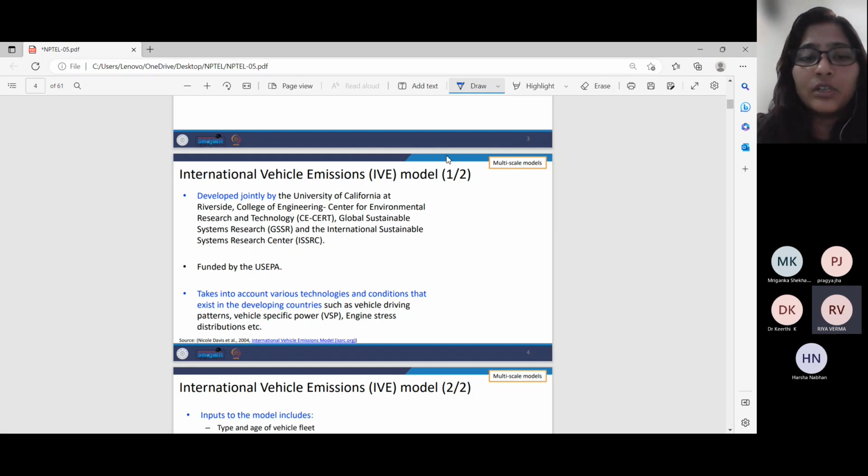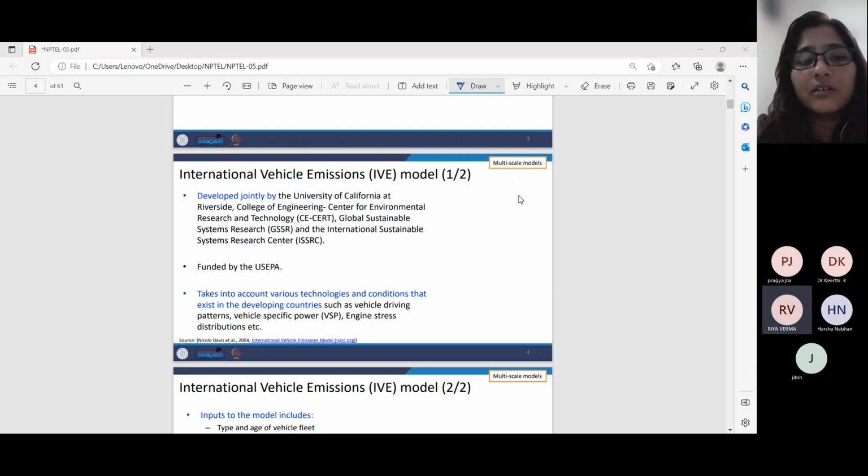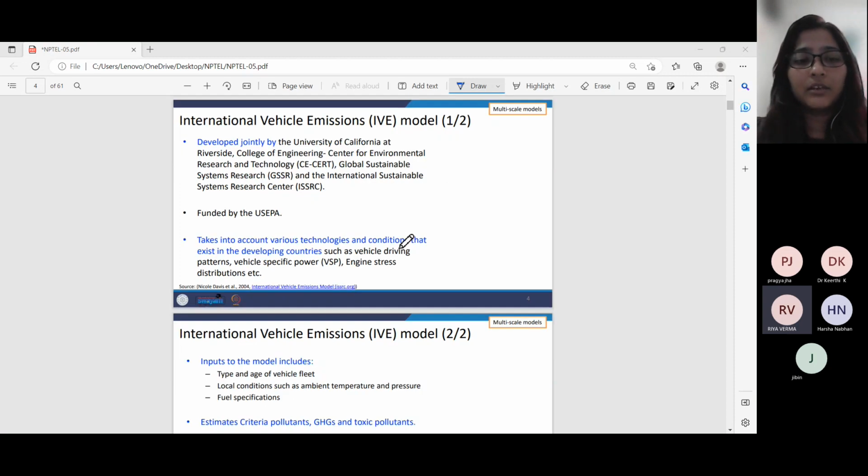Basically, this model takes into account the various technologies and conditions that exist in developing countries, such as different types of vehicle driving patterns, the mental condition of the driver, the physical vehicle specific behavior, engine stress distributions, like type of engine, and what kind of emissions are being generated from that.